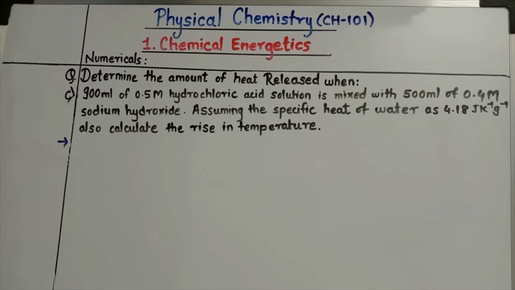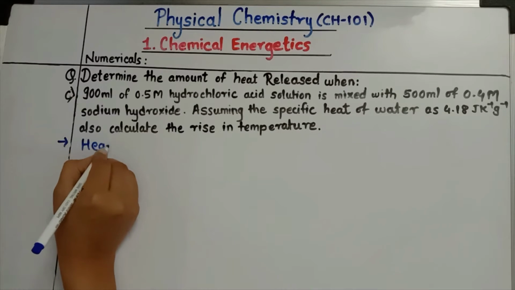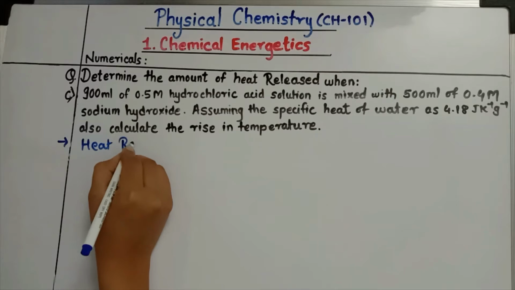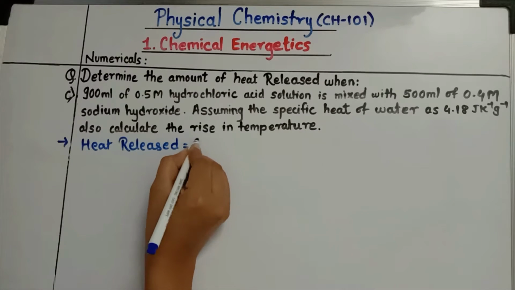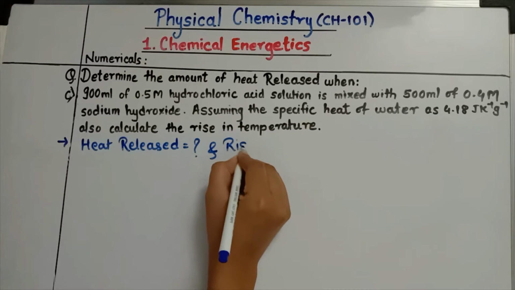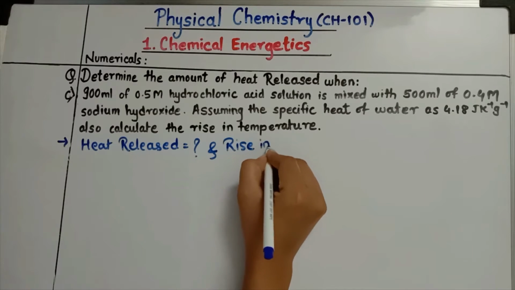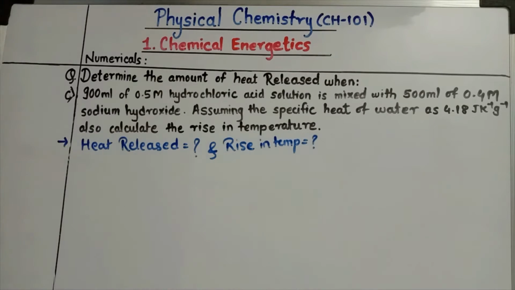So in this, what we have to do? We have to find the heat released and the rise in temperature. Okay. So how will you find it? We will go slowly.